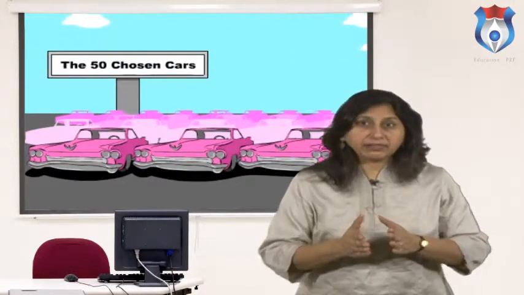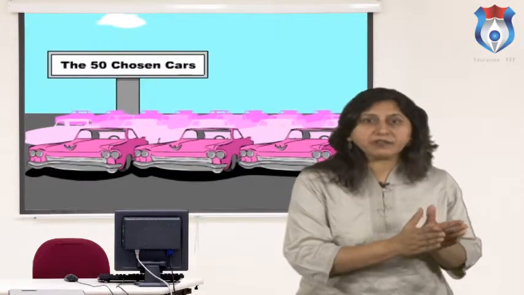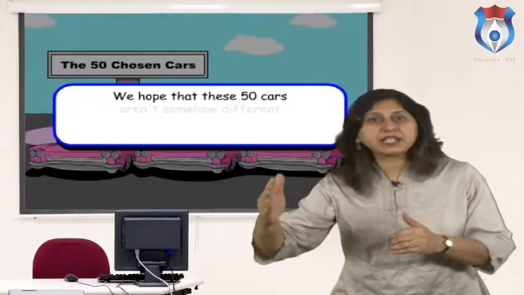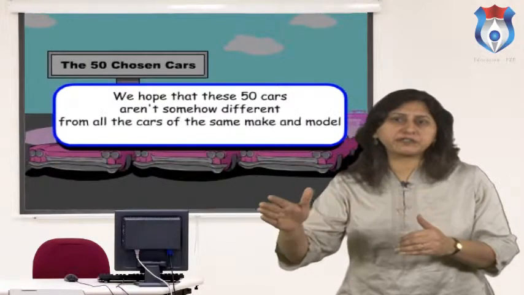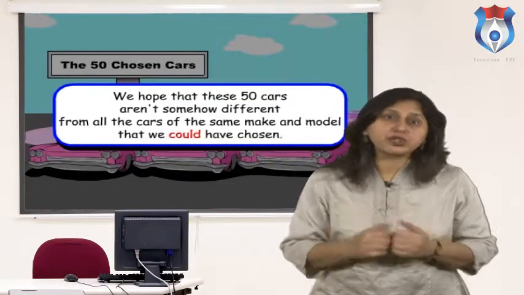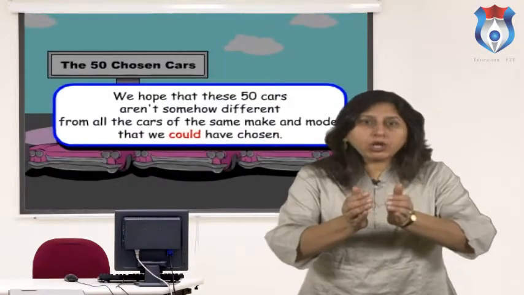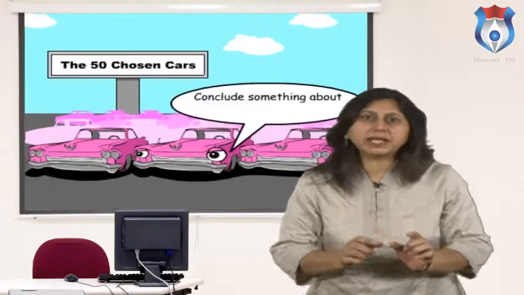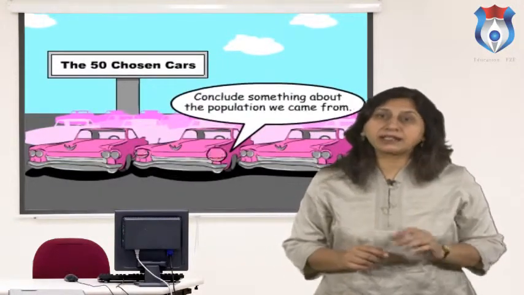When we say the 50 cars are representative of the population, this means that we hope that the 50 cars are not somehow different from all the cars of the same make and model that we could have chosen. We use the small group of 50 cars to infer or conclude something about the population of cars they come from.